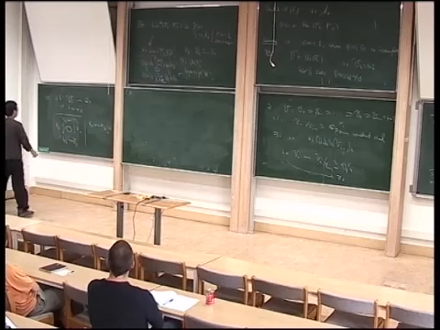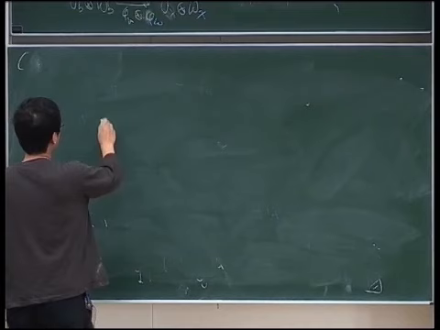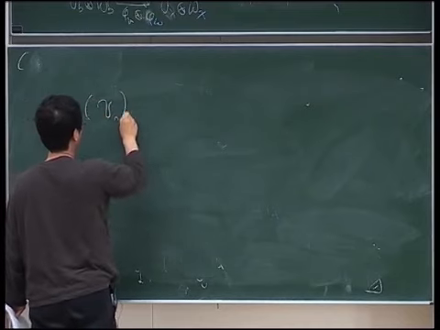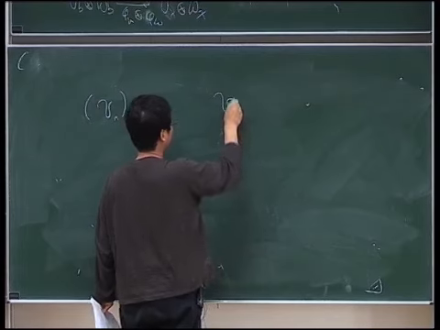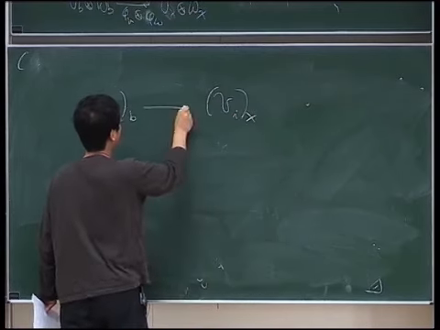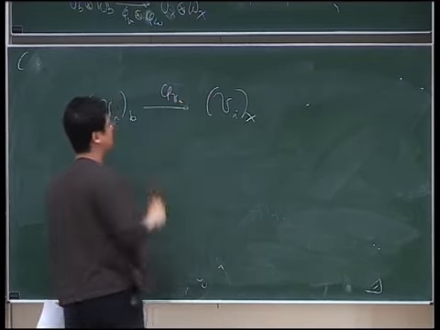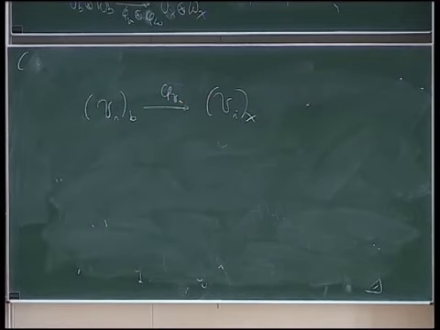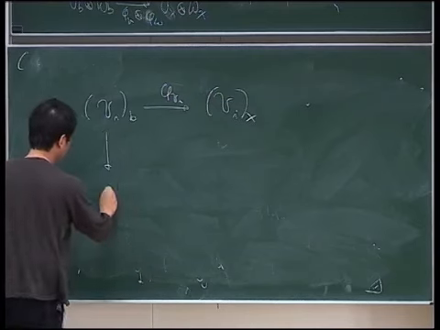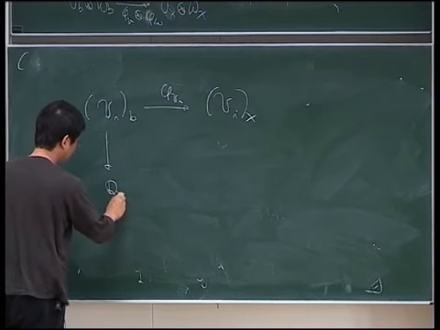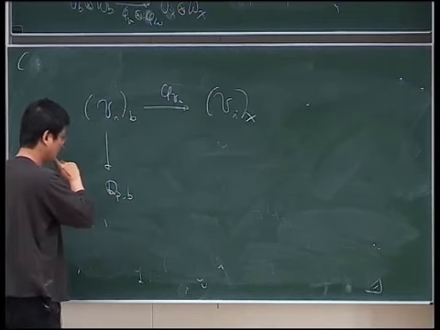So what we'll have is the following situation now. Vi at b will go over to Vi at x via phi Vi. And then this is going to go over to the constant sheaf Qp. I'll put the subscript V in there.